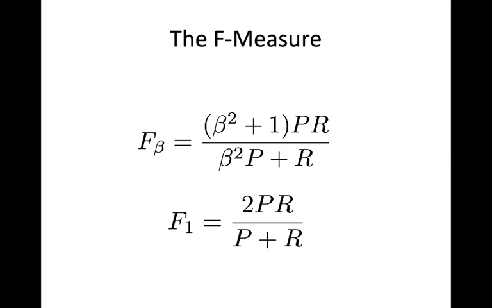Basically, if we increase beta, then we increase the weight on what? On precision. So F2 weights precision more than recall. F1 half, or F.5, weights recall.